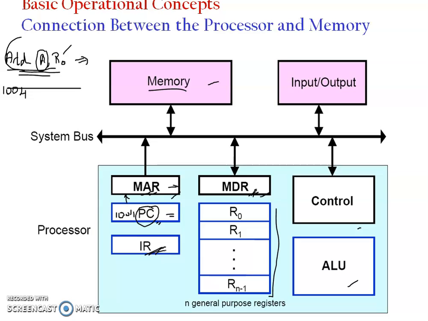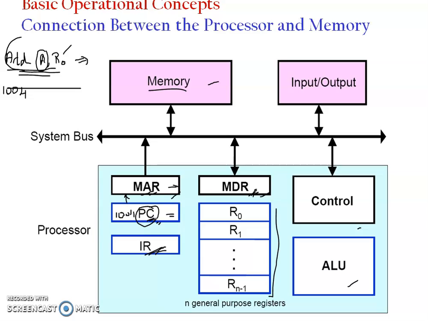After fetching this information, that is, once the read command is done, the PC will be automatically incremented so that it points to the address of the next memory location, that is, the next instruction.